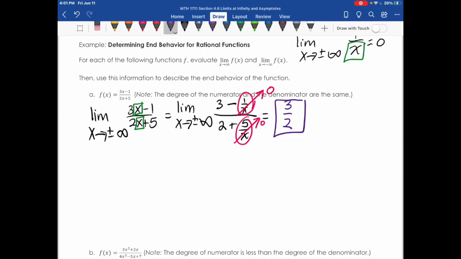Now, if you think back to college algebra, we had rules about this. We didn't quite understand why it worked at that point, but we gave you that rule.